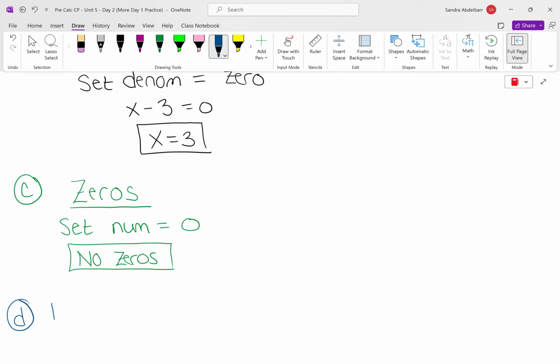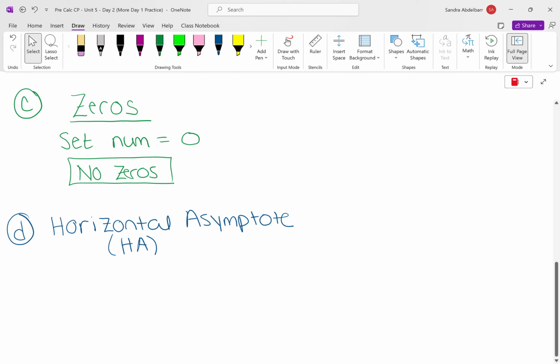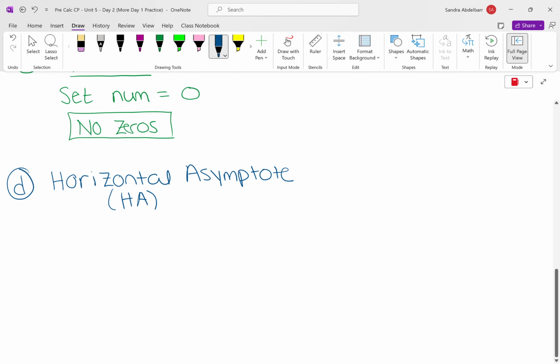The next one is the horizontal asymptote, which I call HA. And so for the horizontal asymptote, what we're going to do is we're going to take the limit as x approaches plus or minus infinity of our whole function, which is -4 over x minus 3.